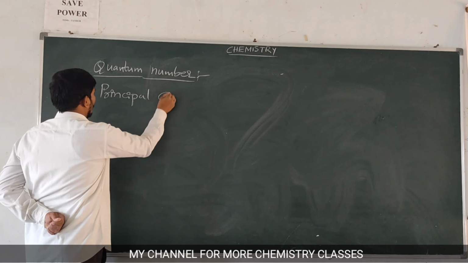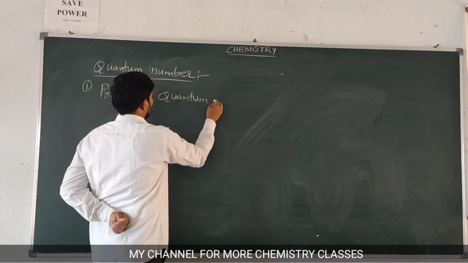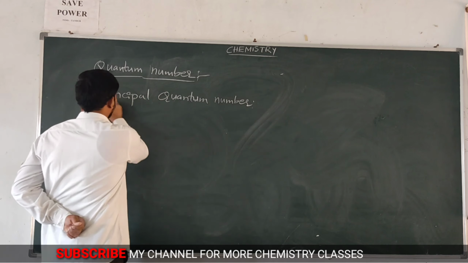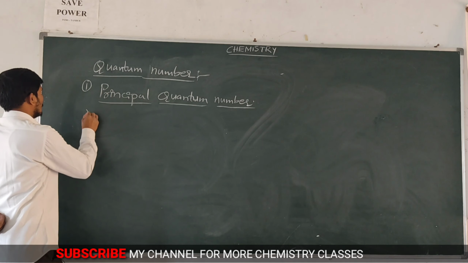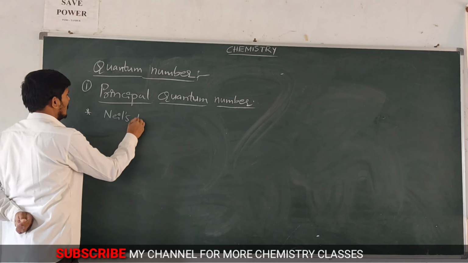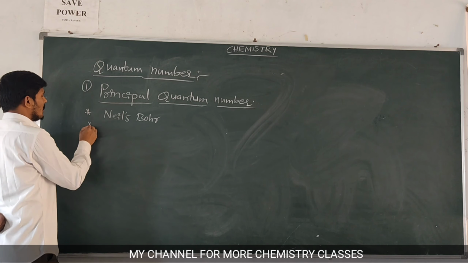Principal quantum number. The principal quantum number was proposed by Niels Bohr. It is denoted with small n.